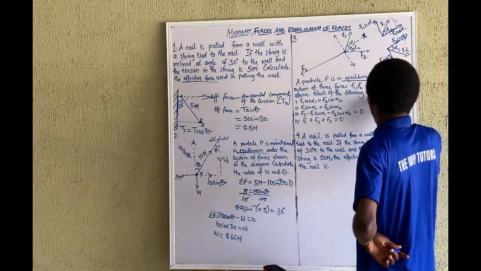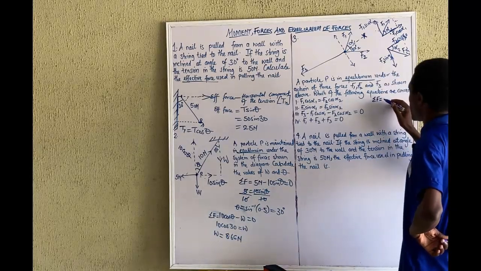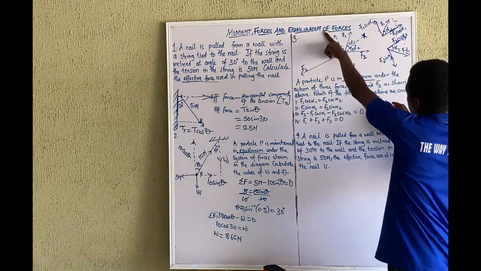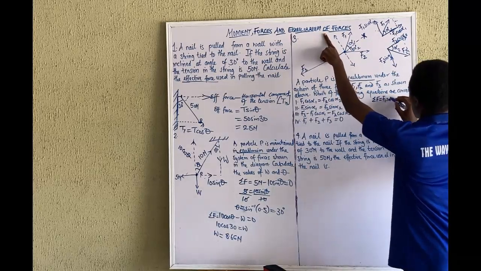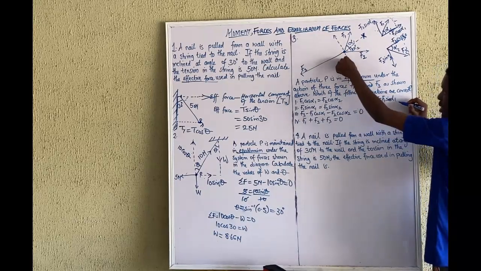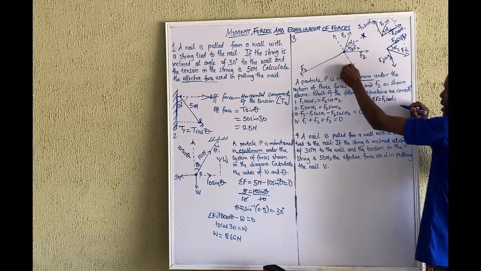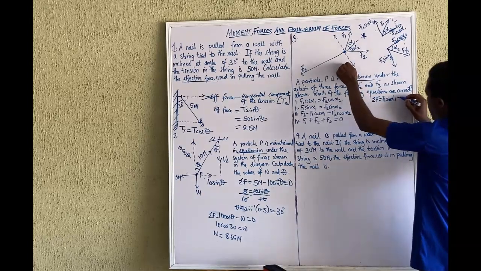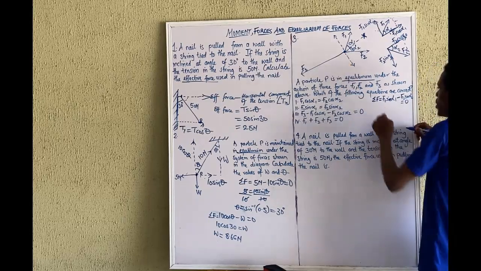Remember, like we said, summation F equals, taking this direction to be positive, F1 sine theta 1 minus, because when you are considering a vector quantity, a change in direction will indicate a negative sign, F2 sine theta 2 equals 0.